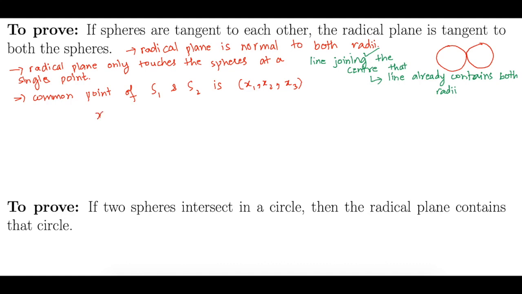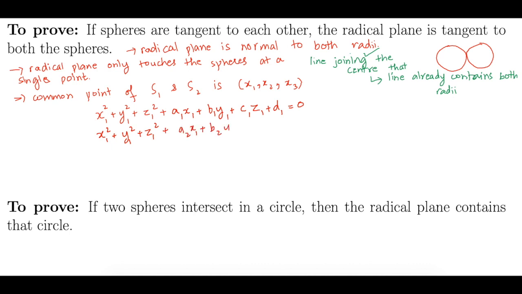So this means that x1 squared plus y1 squared plus z1 squared plus a1 x1 plus b1 y1 plus c1 z1 plus d1 is equal to 0, and I can also say x1 squared plus y1 squared plus z1 squared plus a2 x1 plus b2 y1 plus c2 z1 plus d2 is equal to 0.